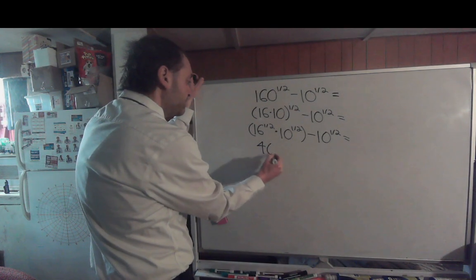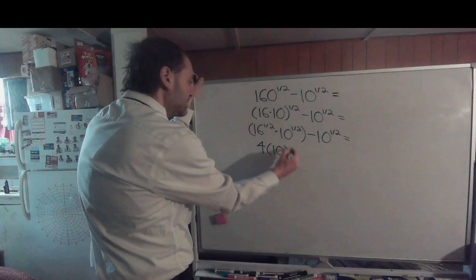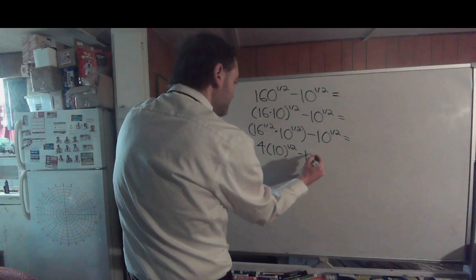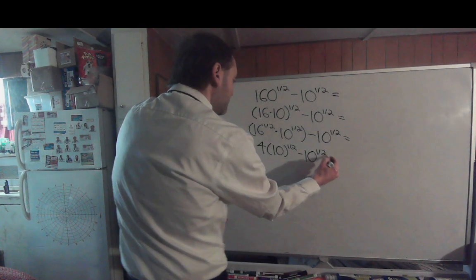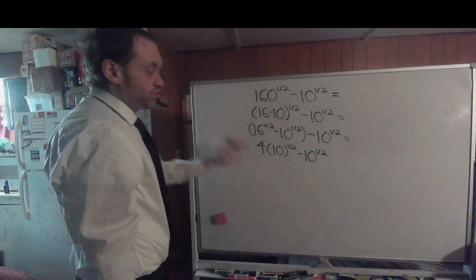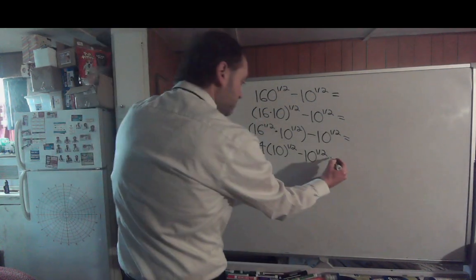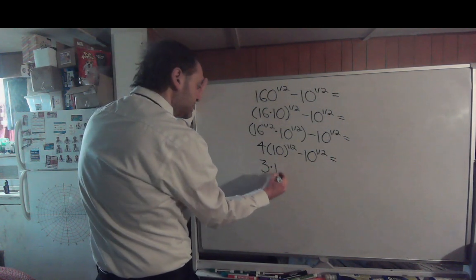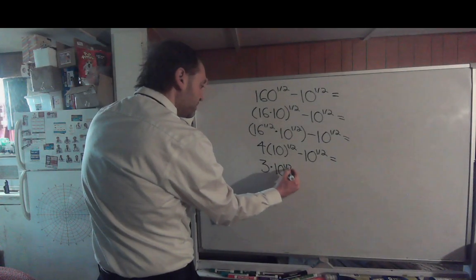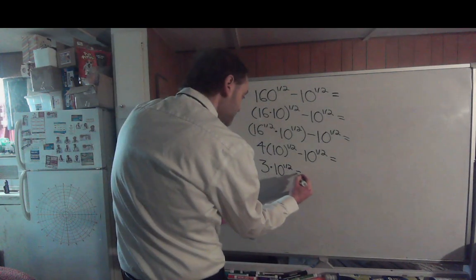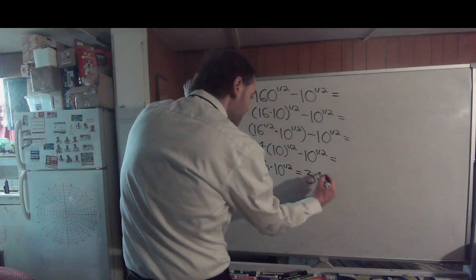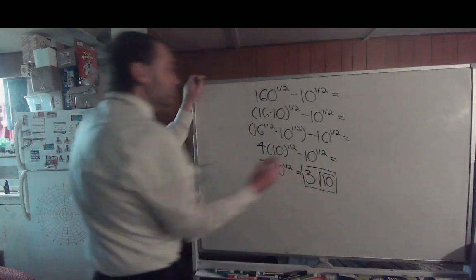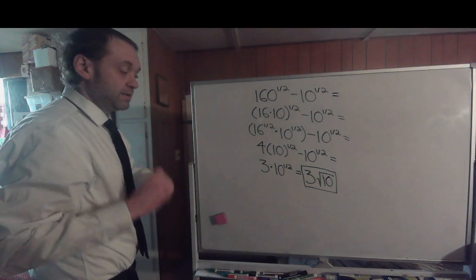So now you're going to have 4 times 10 to the 1/2 minus 10 to the 1/2. So now you just treat that 10 to the 1/2 as a variable, subtract the coefficients, you would get 3 times 10 to the 1/2, or simply put, you'll end up getting 3 times the square root of 10.